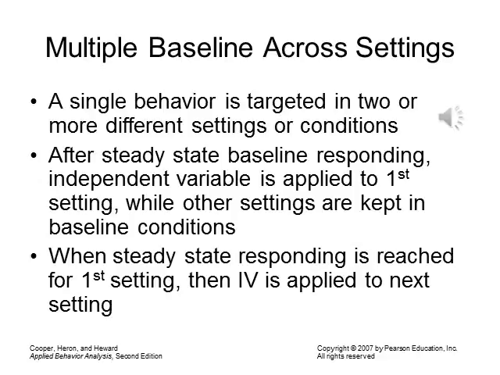If there was a multiple baseline across settings, we'd have the same behavior, the same subject, but different conditions. Typically we'd like to have at least 3 different baselines here. Sometimes you'll just see 2, but then you don't have as many replications. At any rate, once we've got steady baseline and the same behavior across different settings, we intervene in the first setting.